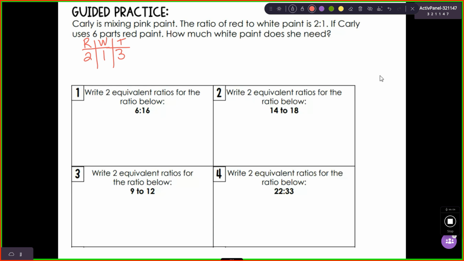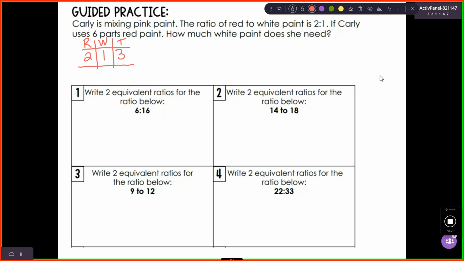Ratios. Okay? We have to find the missing value, and you did that all the time with fractions, and you had to do something called cross multiplication. You're doing the same thing here. But watch. Here we go. If Carly has 6 parts red paint.